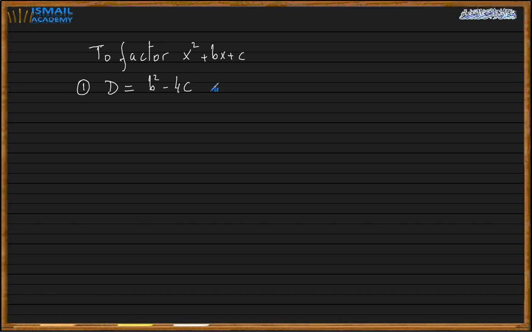The first condition: the discriminant must be positive. The second condition: after you check it's positive, it must be a perfect square. If you have those two conditions, then yes, you can use the direct factoring method.